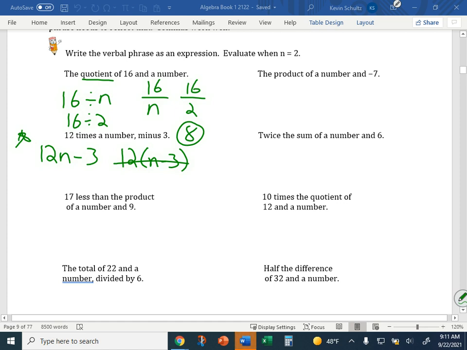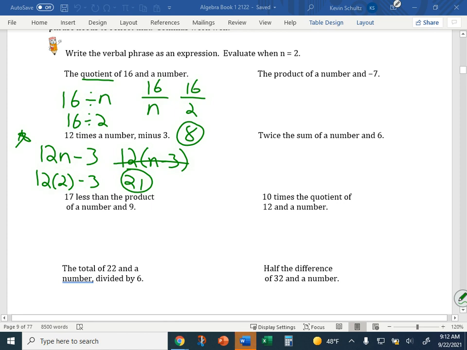Do that first, and then subtract 3 from that. Okay. So commas are very important to pay attention to as well. If we plug in 2 for this, 12 times 2 minus 3, 24 minus 3, we get a value of 21. Okay. Questions?